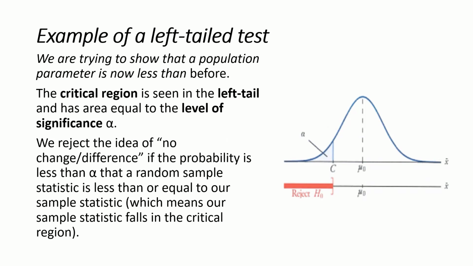We can reject the idea of no change or difference, that null hypothesis, if the probability is less than alpha that a random sample statistic is less than or equal to our sample statistic, which means our sample statistic falls in that critical region, that rejection region.